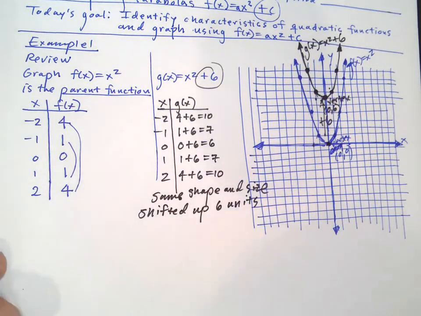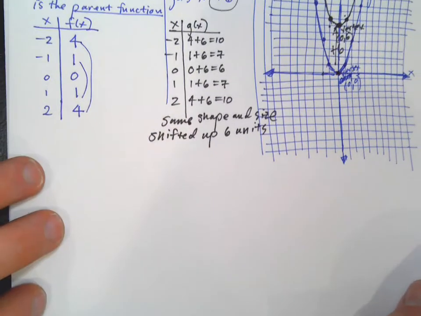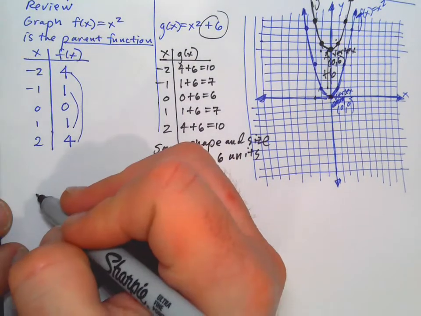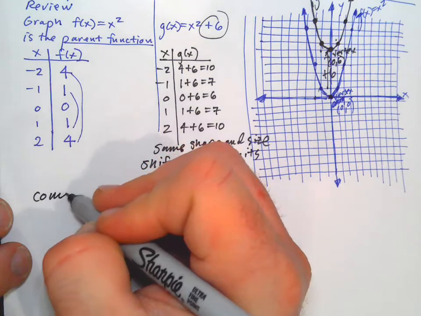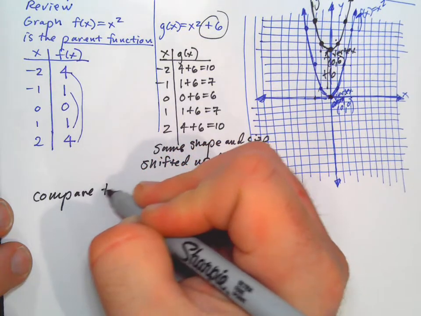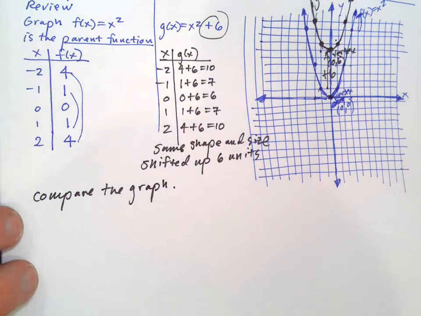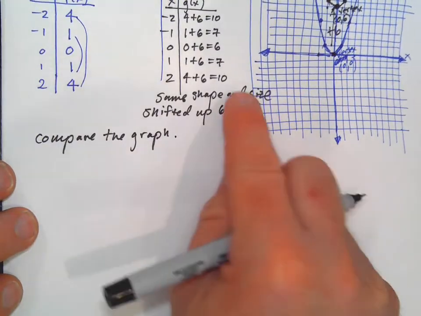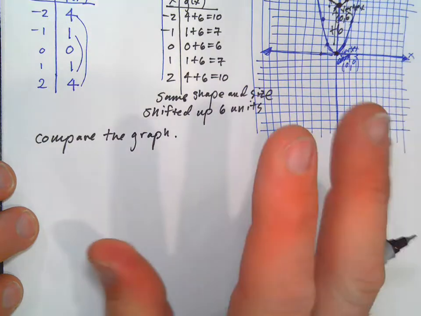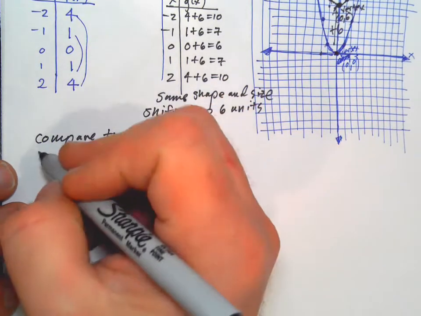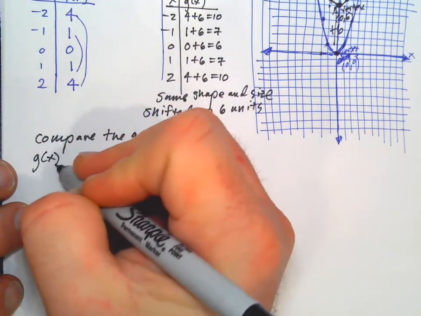Okay. On your assignments, it's going to say to compare the graph to the parent function. That's what they'll tell you to do. And that's kind of what I was doing here, but we can do it a little more technical, use the more technical language.